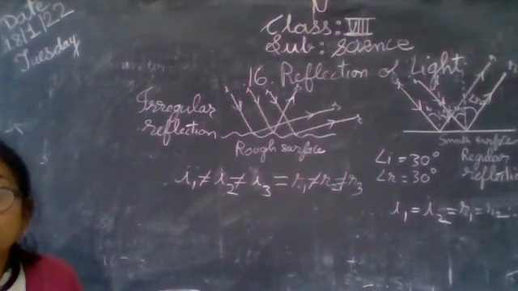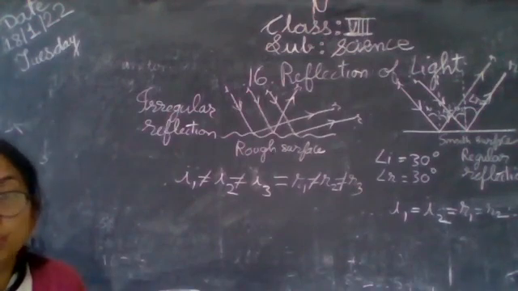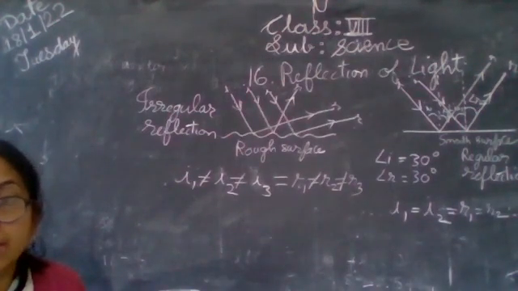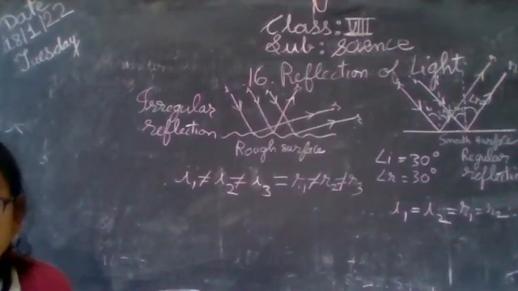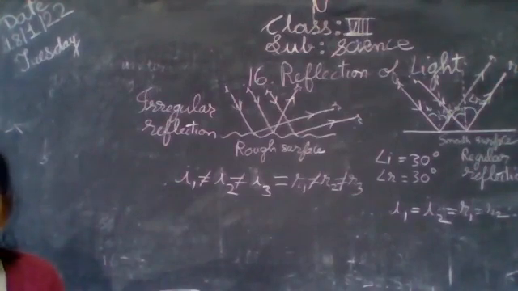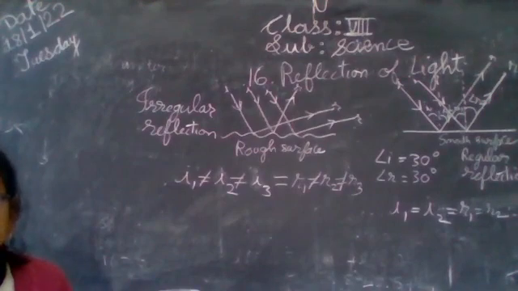Now, for the moon in water: as the moon is not self-luminous, it does not have light of its own like the sun. Okay, the sunlight falling on the surface of the moon is reflected from the surface of the moon. This reflected light is again reflected by the water to give us the image of the moon.